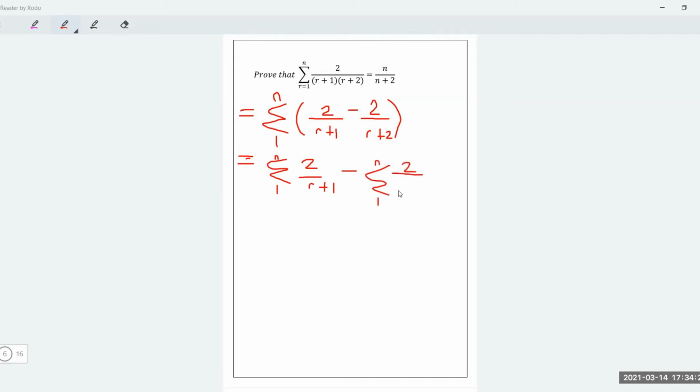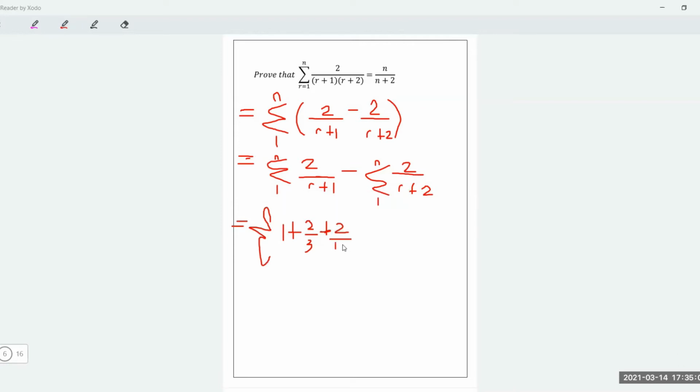This is nice now. The sum from 1 to n of 2 over r plus 1 is going to be equal to, plugging in 1 first, you get 2 over 2, which is 1, plus, when r is 2, 2 over 3, plus, when r is 3, 3 plus 1 is 4, so you get 2 over 4.